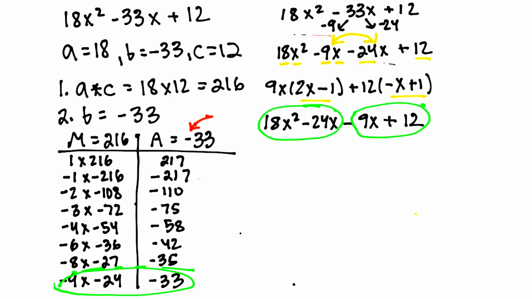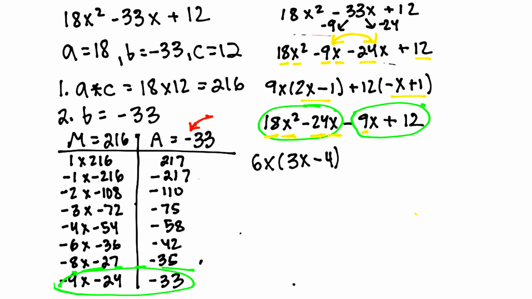And then we'll group again and pull out a common factor. So this time, what we can pull out is a 6 from the 18 and 24, and then an x from the x squared and x. So we'll have 6x, which will leave us on the inside 3x minus 4.